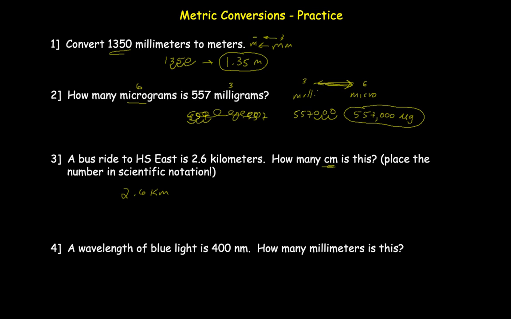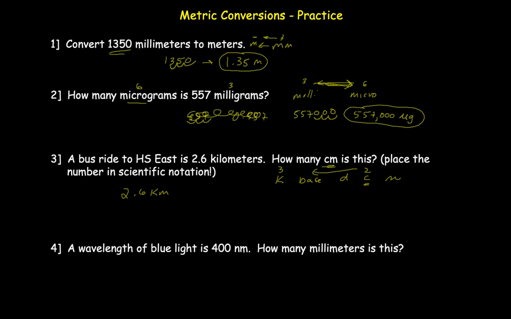All right, let's say we have a 2.6 kilometer ride to High School East. Okay, how many centimeters is this going to be? Well, let's see. Kilo is here, and then you have the base, right? And you have deci, centi, milli. Well, centi is here. That's to the 2. So we're going to go back to the base and then go forward 3. So it's really 5 places, right?